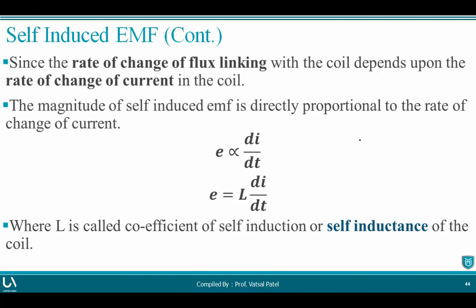Now I think this is understandable up to here. Whatever the current, or at which rate the current is supplied in the coil, according to that the rate of change of flux linking with the coil changes, and whatever the magnitude, it is directly proportional to the rate of change of current.